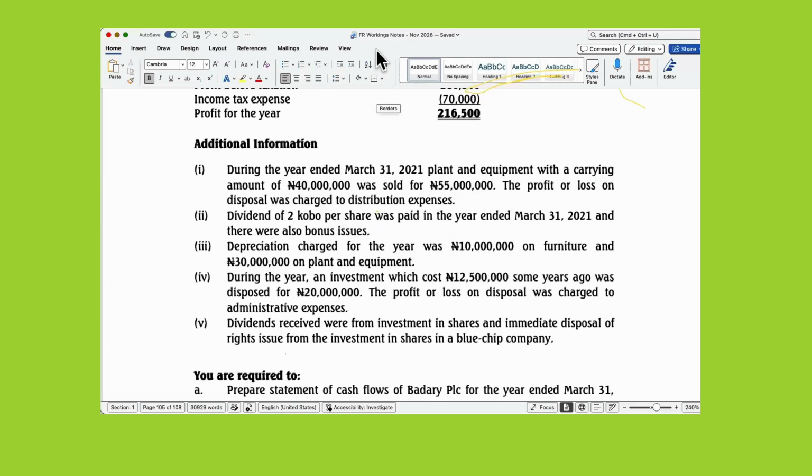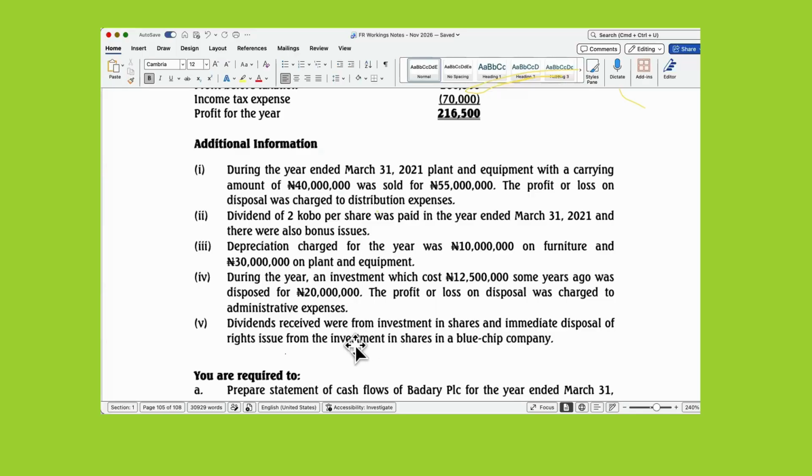So I really need to figure that out because I am not given it. Okay. Secondly, I'm told a dividend of 2 kobo per share was paid in the year ended March 31st, 2021. And there were also bonus issues. Also, depreciation charge for the year was 10 million on furniture and fittings and 30 million on plant and equipment.